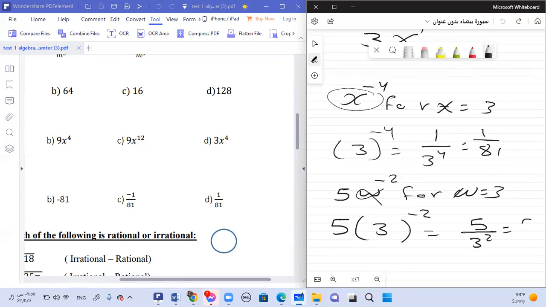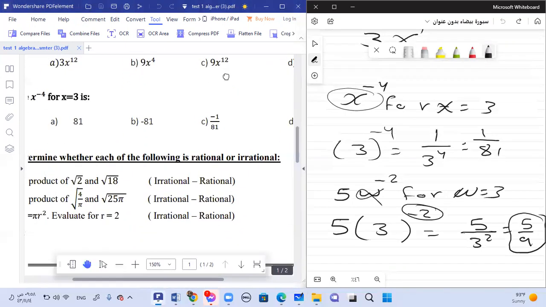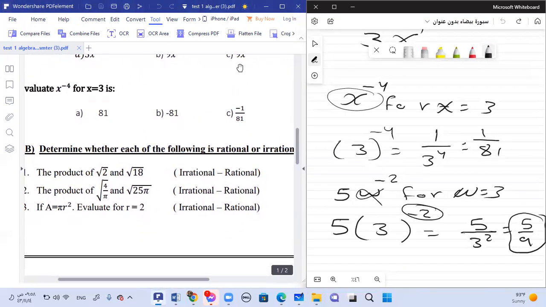So the answer will be 5 over 9. You can use the calculator to find this answer. Because I have the negative, I have the problem in here. If we have any negative power, we can switch the 3 down. Okay? Or you can use the calculator to find this answer. You can use the calculator to check your answer in the exam. This part is very important in the exam, inshallah.